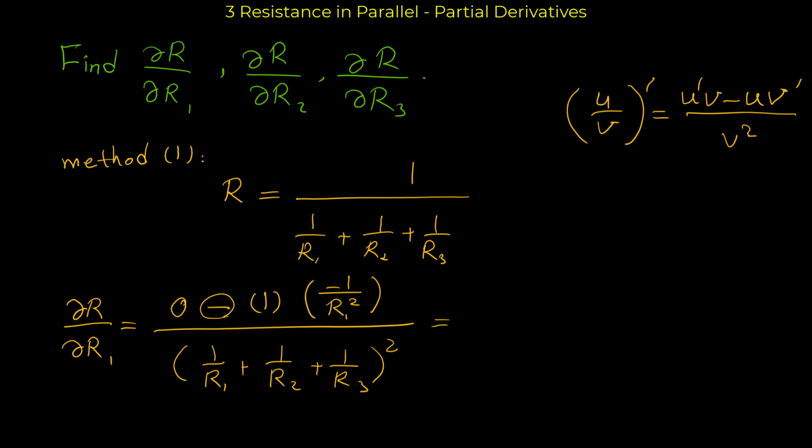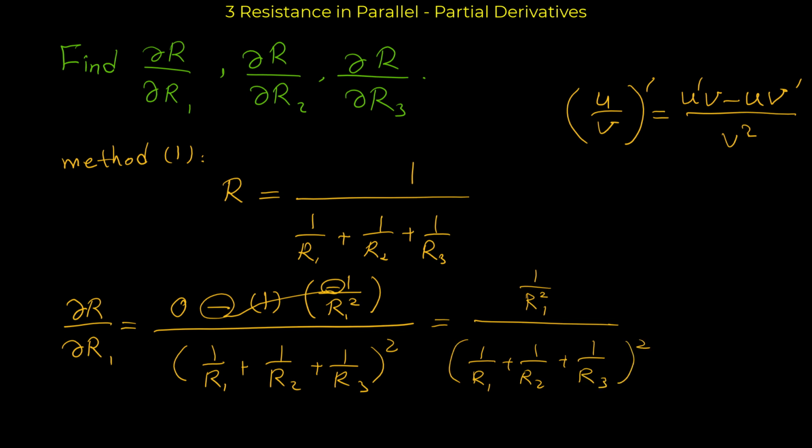Multiply the negative that you have here with this negative, then you have 1 over r1 to the 2, all over 1 over r1 plus 1 over r2 plus 1 over r3, all to the power of 2. So the final answer for this question is 1 over r1 to the 2 over this.